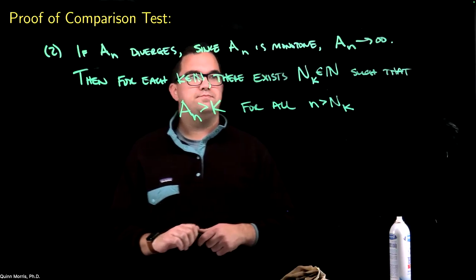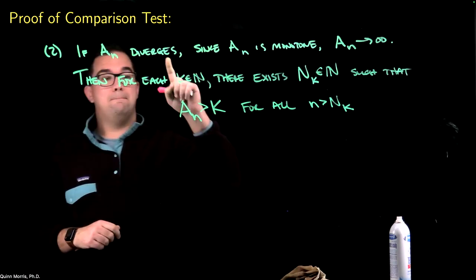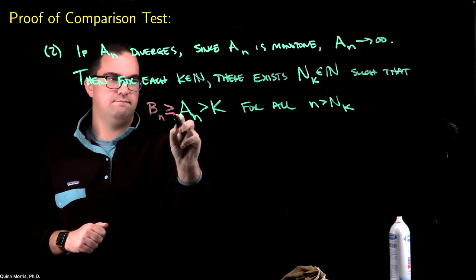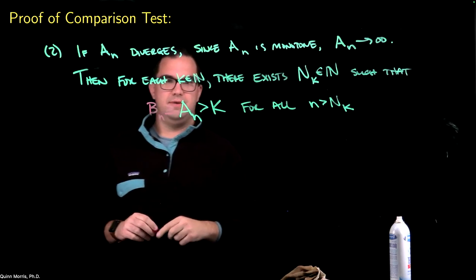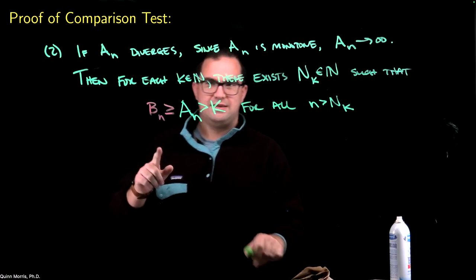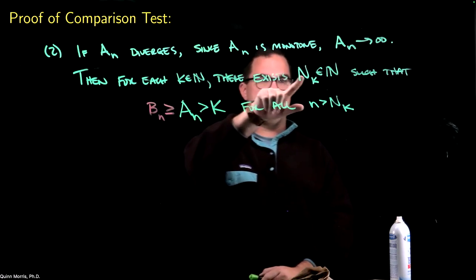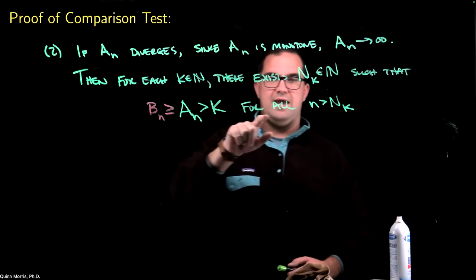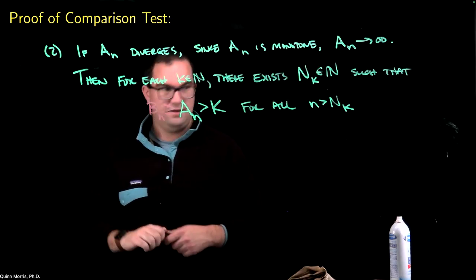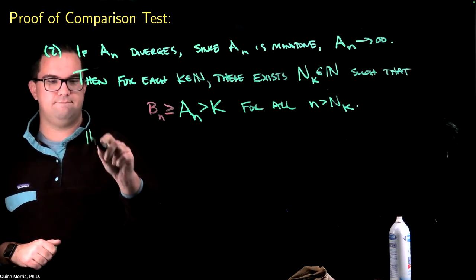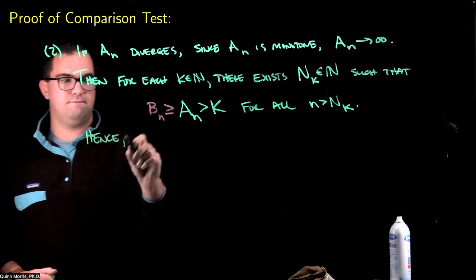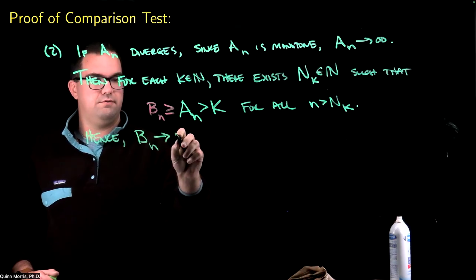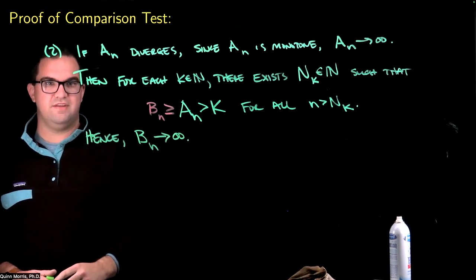But what do we know? We know that the capital B sub n's are always greater than or equal to the A sub n's, okay? Well, so what does that tell me then? That means that for each K, there exists a natural number, capital N sub K, such that B sub n is greater than K for all little n greater than N sub K. Okay, and hence this means that the B sub n's also diverge to infinity.